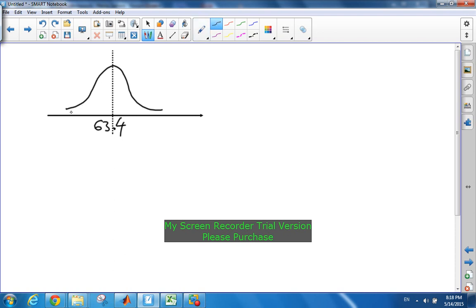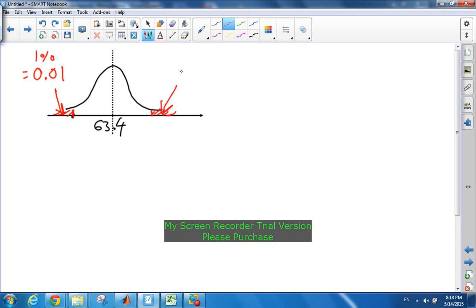So that means this part here, which is only 1%, so 0.01. And the highest 2%, let's say somewhere here.